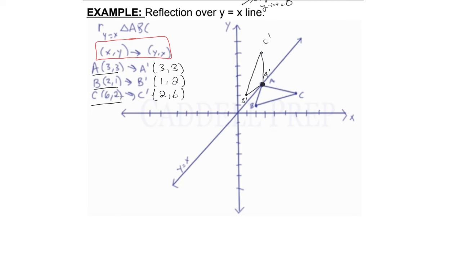So we have the rule for the x-axis and y-axis, and then reflection, which should be a capital R, over the y equals x line is equal to (x, y) changes to (y, x). So the reflection over y equals x of (x, y) is equal to (y, x). That's our general rule for reflection over the y equals x line.